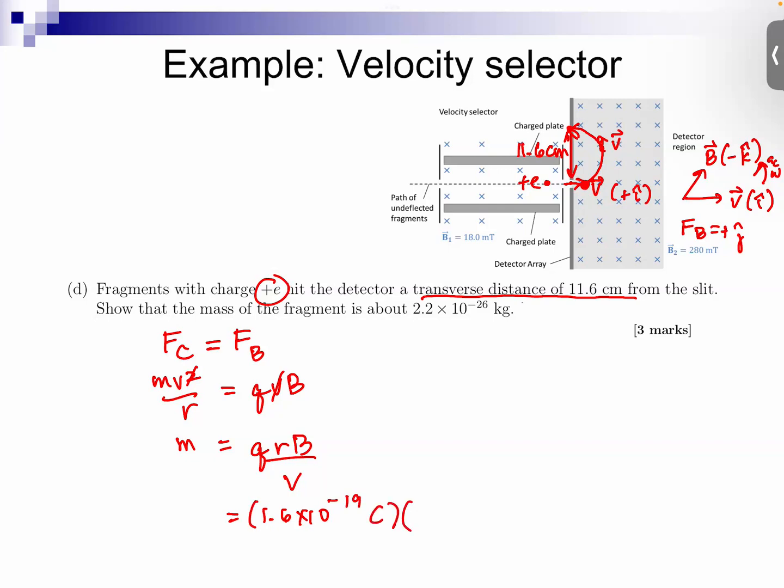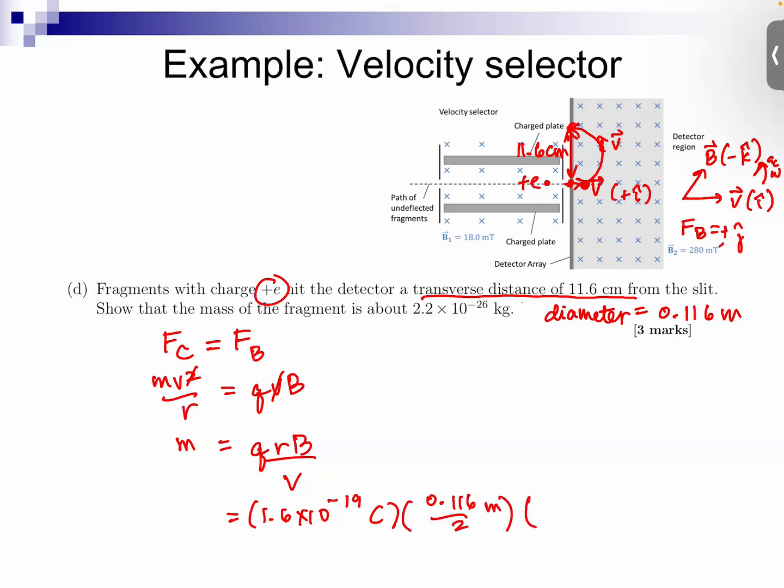Now be careful with the radius, because what's given is the distance from the slit. This is the slit here where the particle entered the detector region. It's the transverse distance from the slit to the point where it's detected. So 11.6 centimeters is actually the diameter. The diameter of the circular path is 11.6 centimeters or 0.116 meters, so the radius should be half of that.